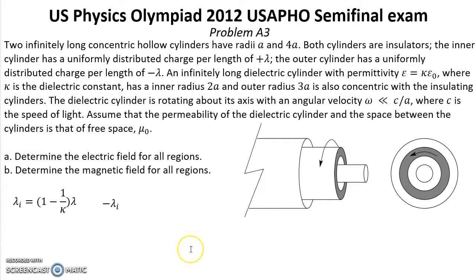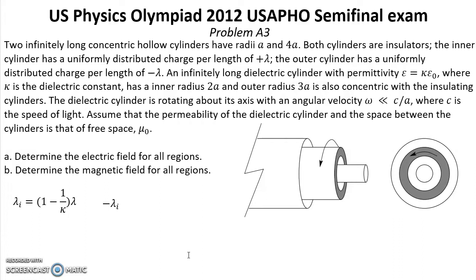We can construct an Amperian loop, a rectangle with one side parallel to the cylinder at distance r greater than 2a and less than 3a, and the other side far away from this cylinder where the magnetic field is 0.